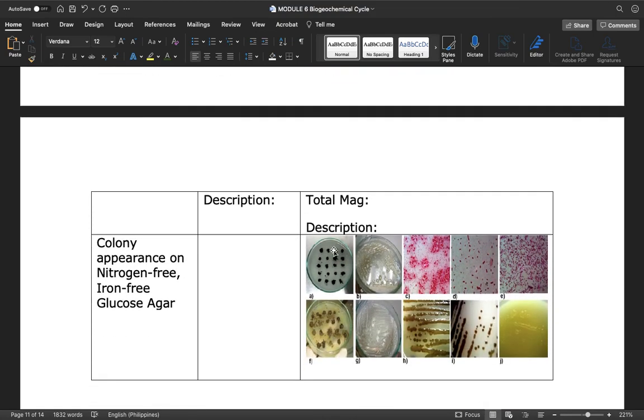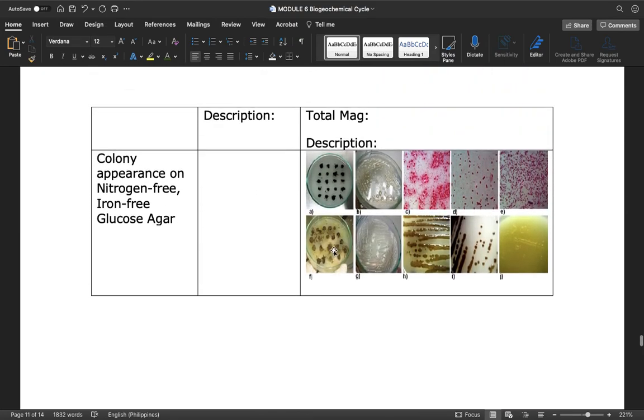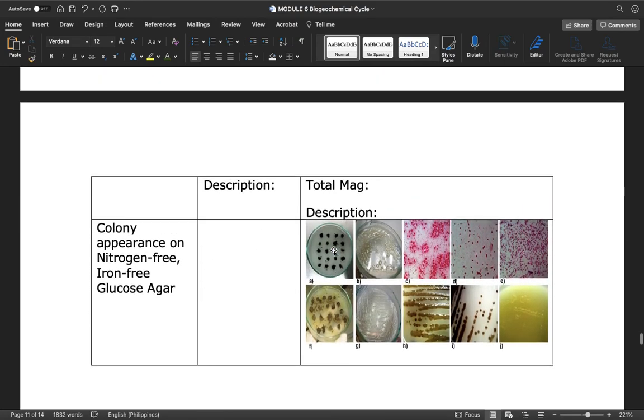And then if we take a look at the colonies, ganun din, no? We expect specifically for the case of Azotobacter, pigmented ang colonies ng Azotobacter, no? So you can provide additional description for whatever bacterial species you chose for the nitrogen fixation part.